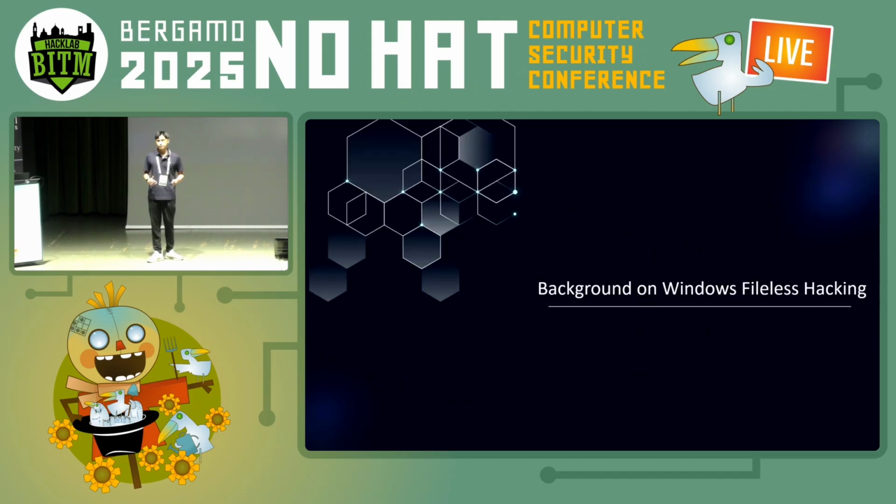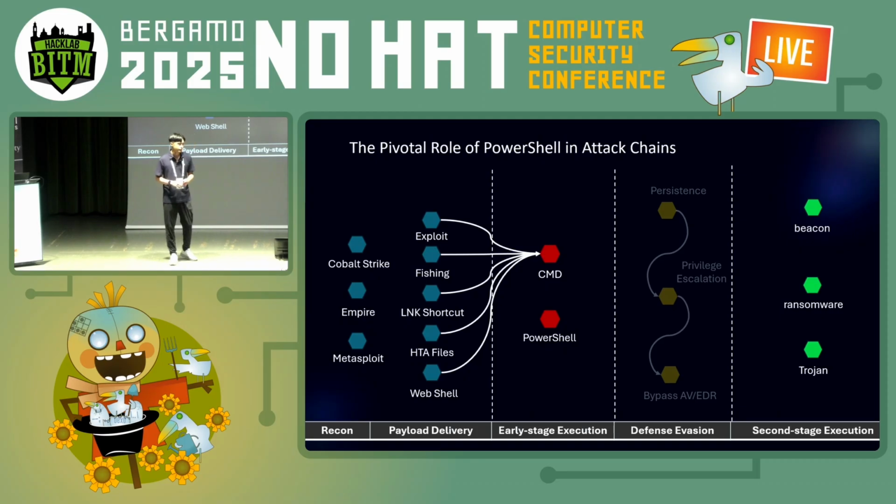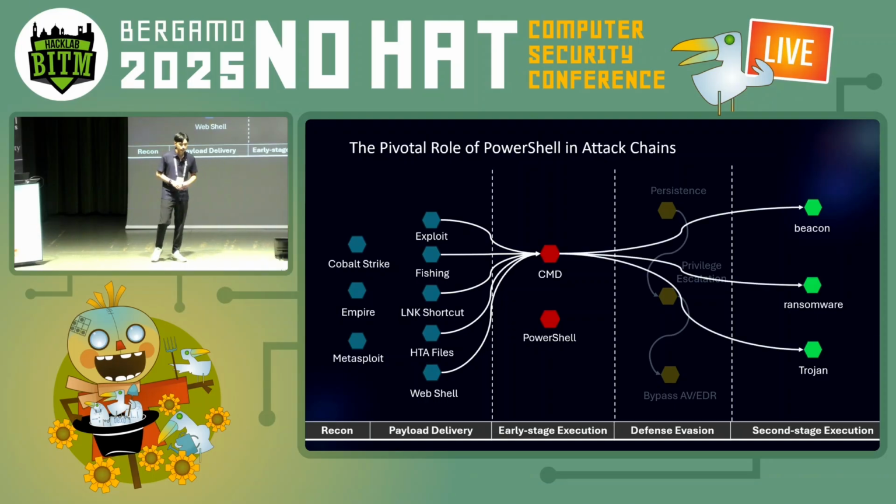So let's start with the question: why focus on PowerShell? In a typical intrusion, attackers usually choose a C2 framework and choose the stager based on the endpoint. After gaining initial access, they will choose a command line tool or PowerShell as their reverse shell. When choosing a command line tool, they usually use a third-party utility or encoding to drop the malware and run it.